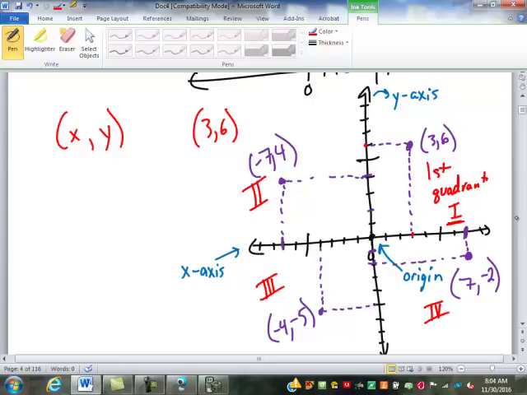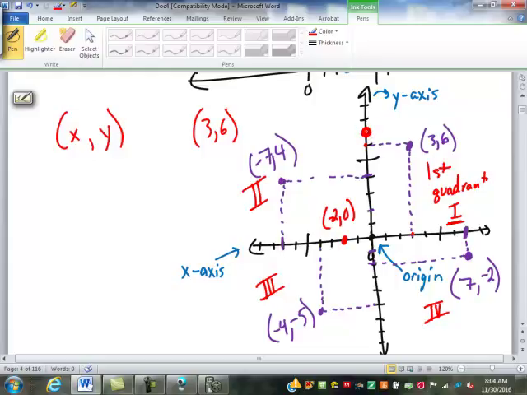Now some points that might be a little more difficult, like this one. What would be the coordinate of that point there? Perfect, -2, 0. If it's on one of the axes, one of the coordinates is going to be 0. You just have to figure out which one. It's like this point here.